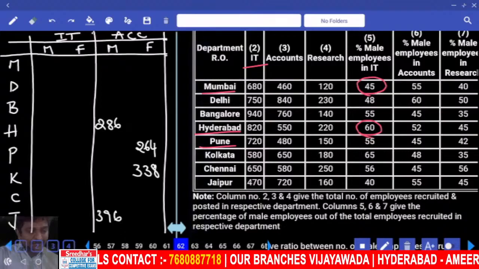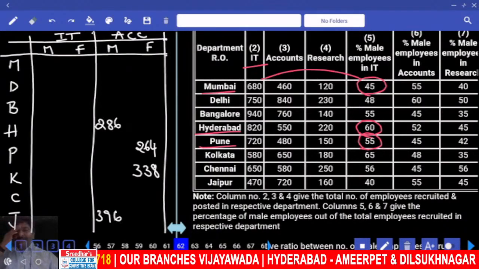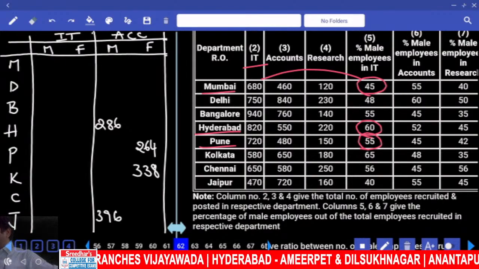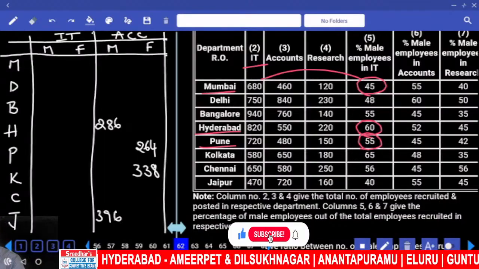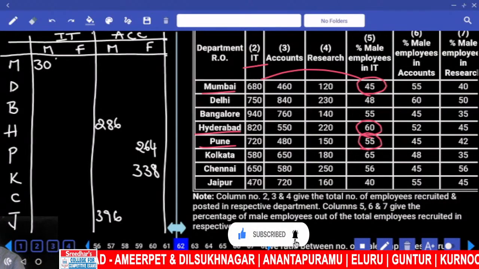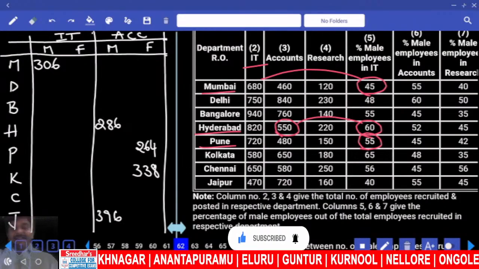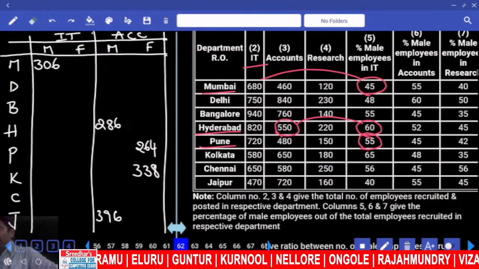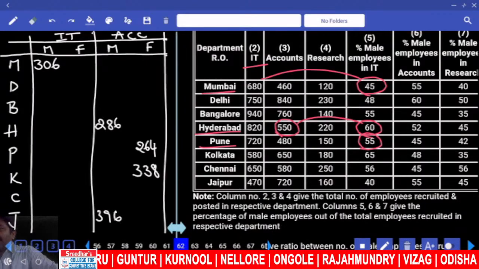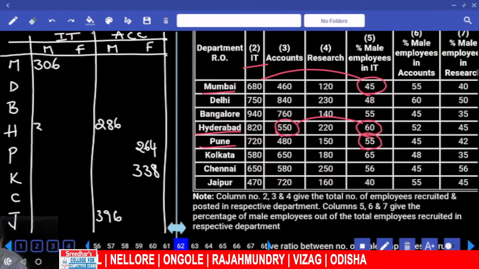Only male, right? 45%, that is 50% minus 5%. 50% of 340 minus 34, 306. 306. 60% calculated on 550. 10% is 55, double 110, triple 330.